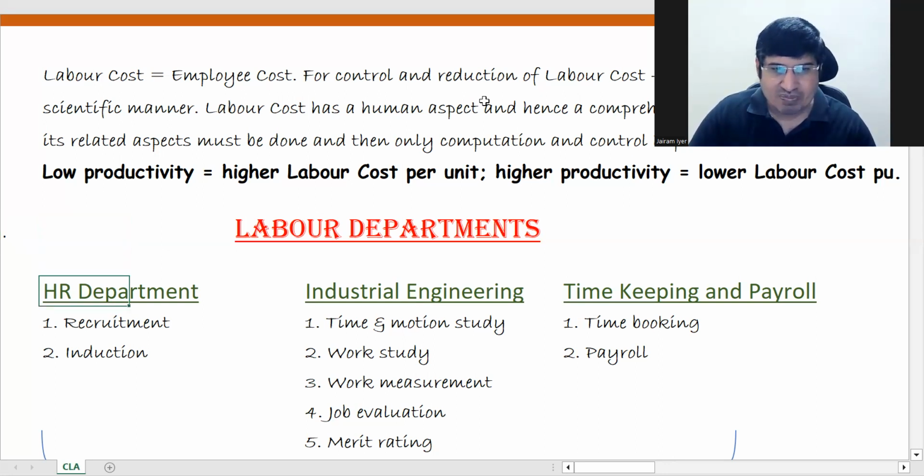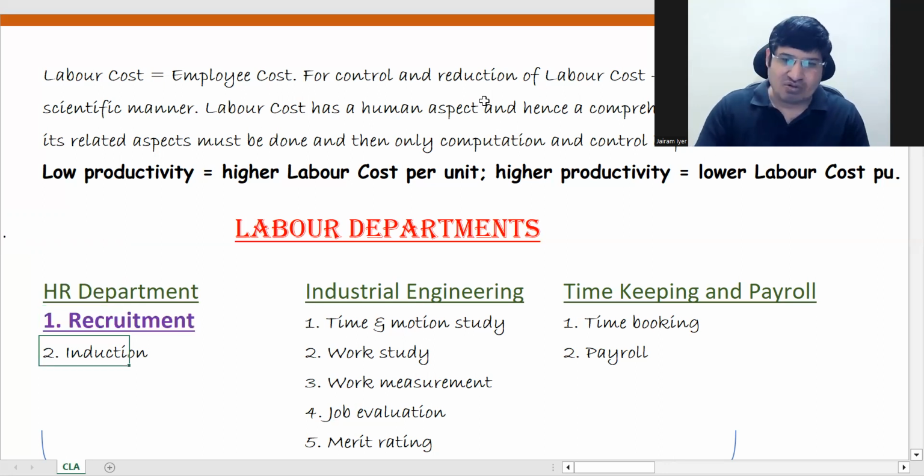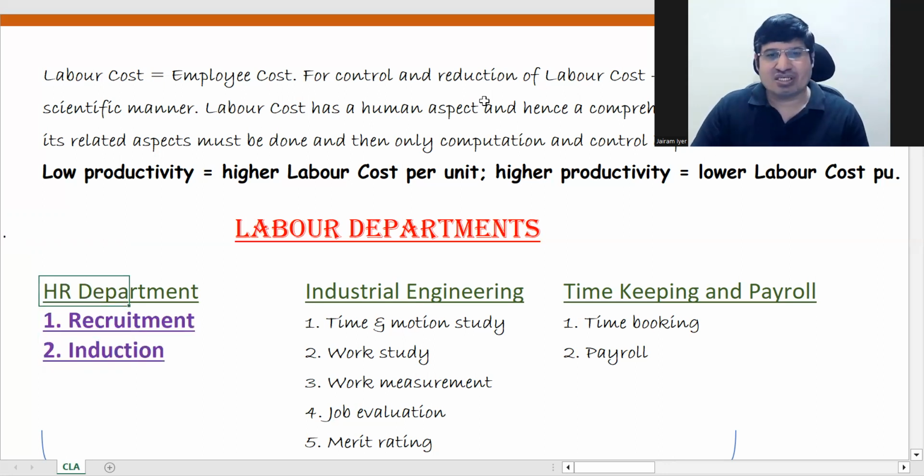The first department is called HR department. Most of you would have already heard of HR department, right? The HR department mainly deals in recruitment and induction. This is the main work of HR department.